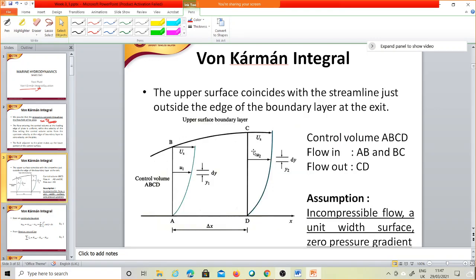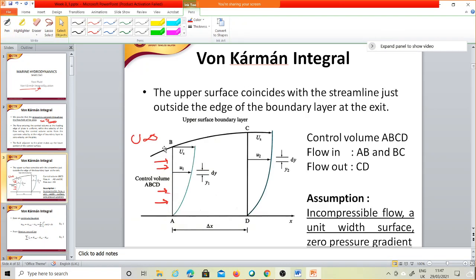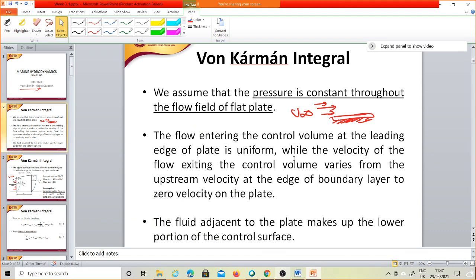It means flow is entering in this direction. This is the leading edge and this is the starting of the control volume. So in this case, along the face AB, all the velocity is u infinity. It's undisturbed flow and the flow is uniform.